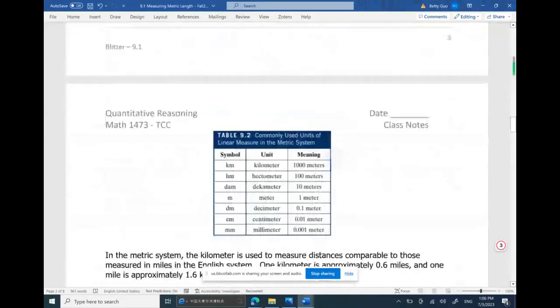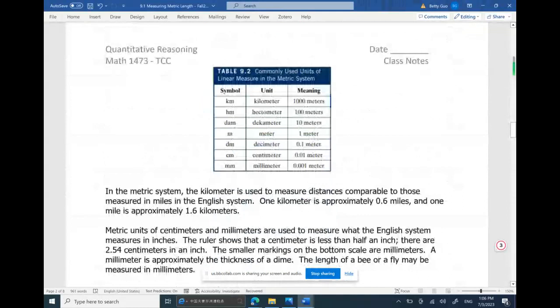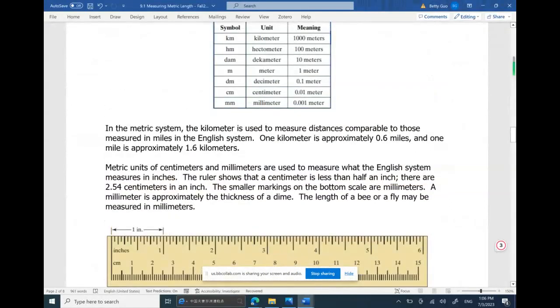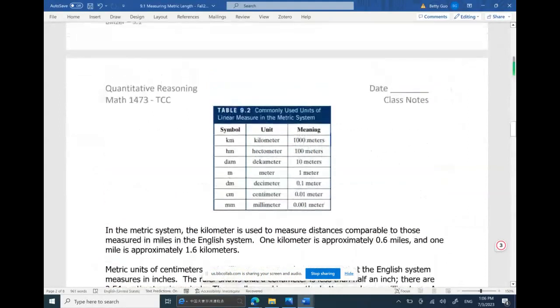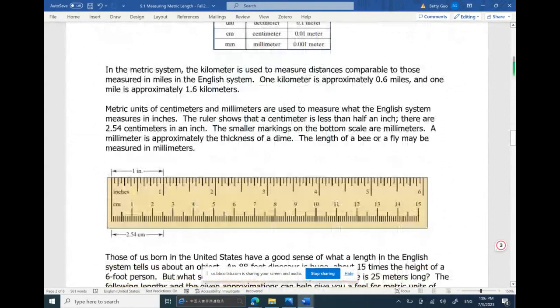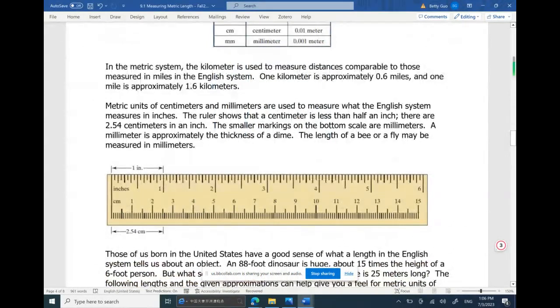Next question. This part explains how many centimeters are in 1 inch. Centimeter is a unit in the metric system, and inch obviously is a unit in the English system.